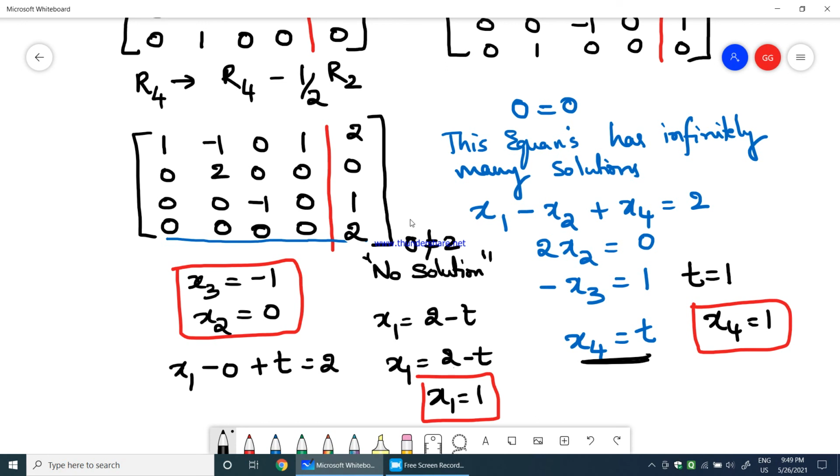I hope you are clear with it. I have solved 2 different problems and we have seen certain conditions in the problems, how to eliminate, and how to apply row reduction techniques to finally get the completely reduced echelon form matrix. Thank you.